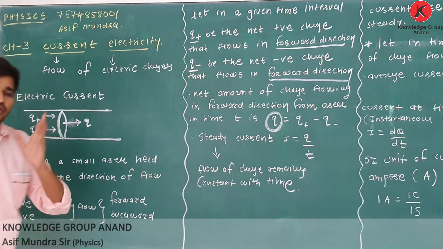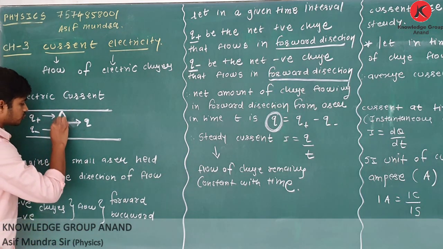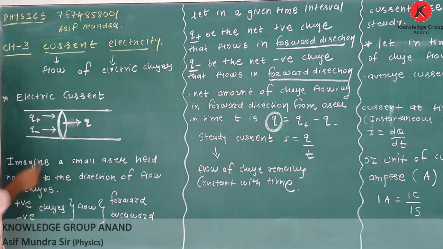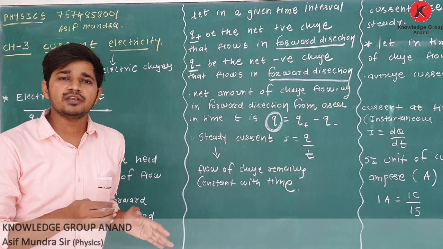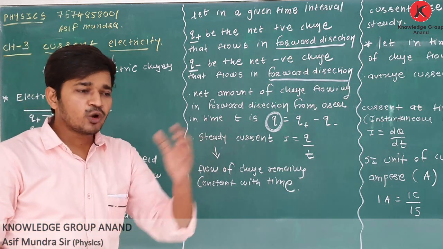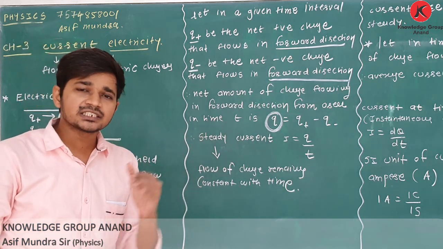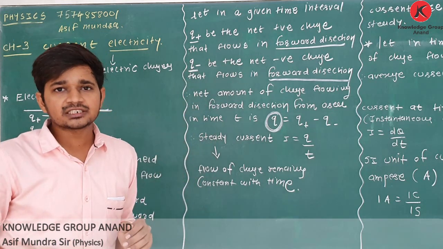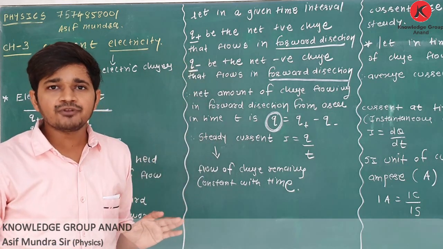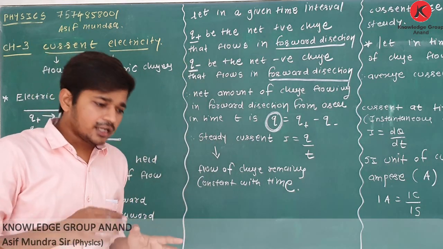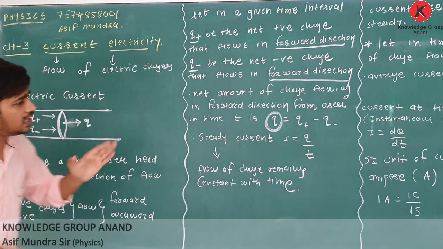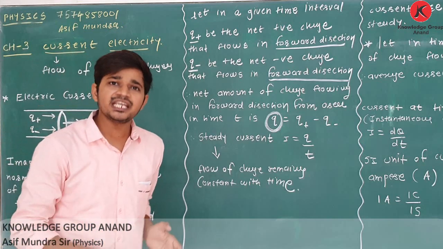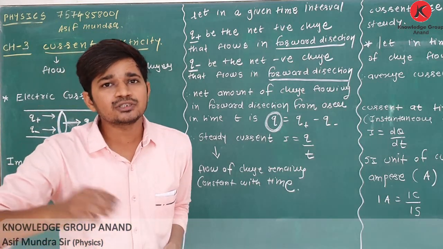But if the flow of charge through this cross-sectional area is different with time, for example initially 10 coulomb is flowing, then after some time it is 15 coulomb, after some time 25 coulomb, then current also changes.